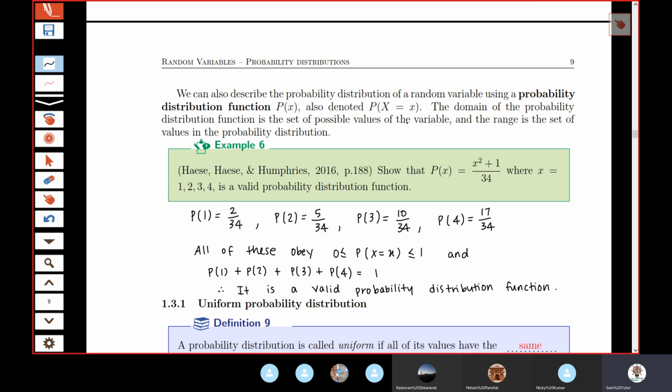When you sub in 2, you get 5 out of 34. Sub in 3, sub in 4. So there are your probabilities of each event occurring. All of these obey the probability being between 0 and 1. And when you sum these up, it actually does equal 1, which means it's a valid probability distribution function.